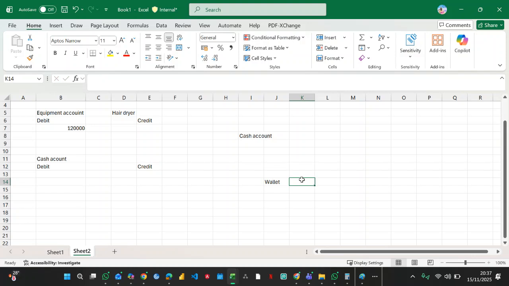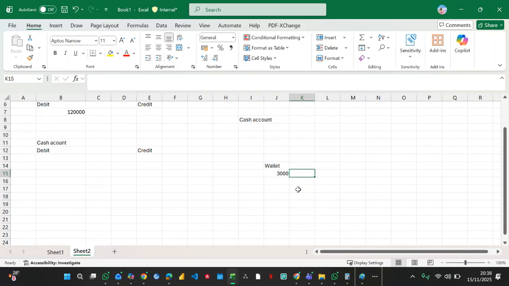When I receive money into my wallet, say I have 3,000 naira and then I receive 200, the balance in my wallet is going up, right?